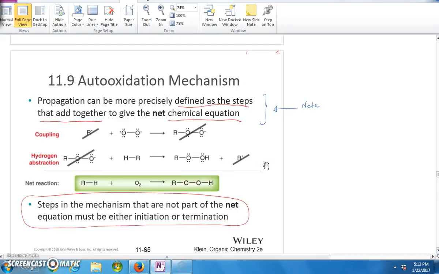Now, let's look at the propagation steps, because the propagation steps will help us to see how the net chemical reaction is obtained.